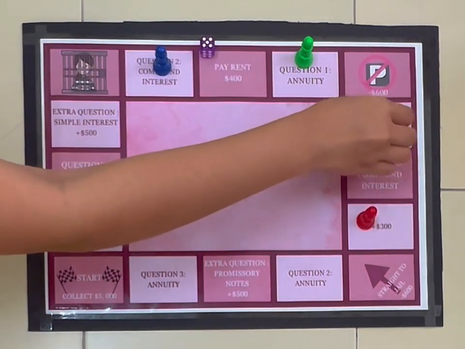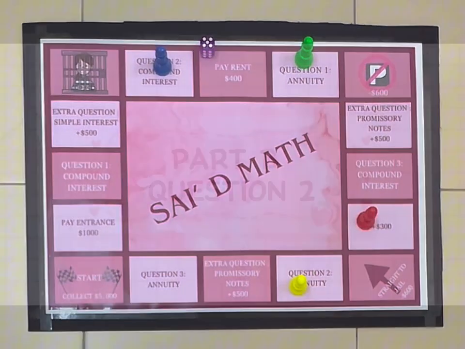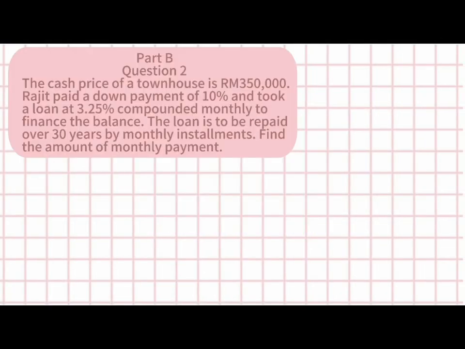The cash price of the townhouse is 350,000, and Rajit paid a down payment of 10% and took a loan at 3.25% compounded monthly to finance the balance. The loan is to be repaid over 30 years by monthly installment. Find the amount of the monthly payment. As the question mentions cash price and down payment, we need to find a present value.